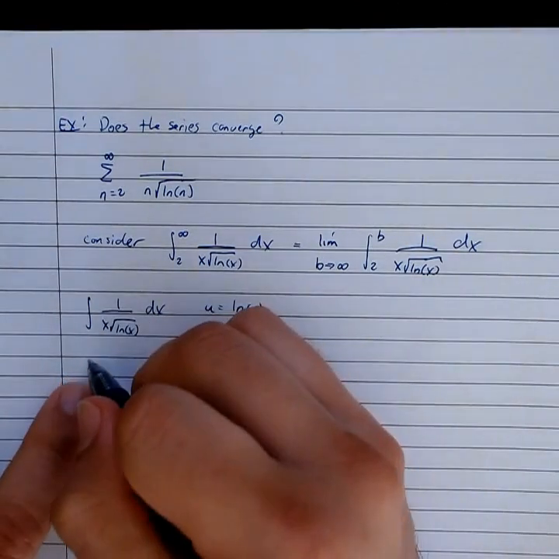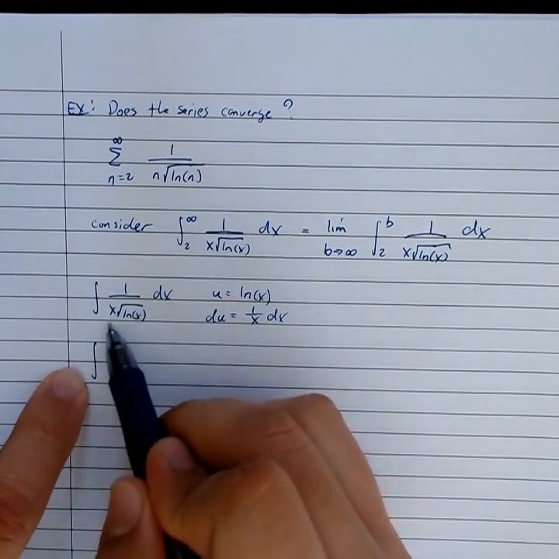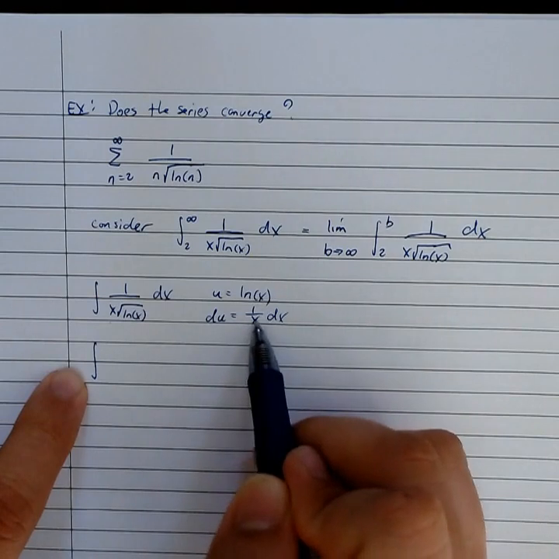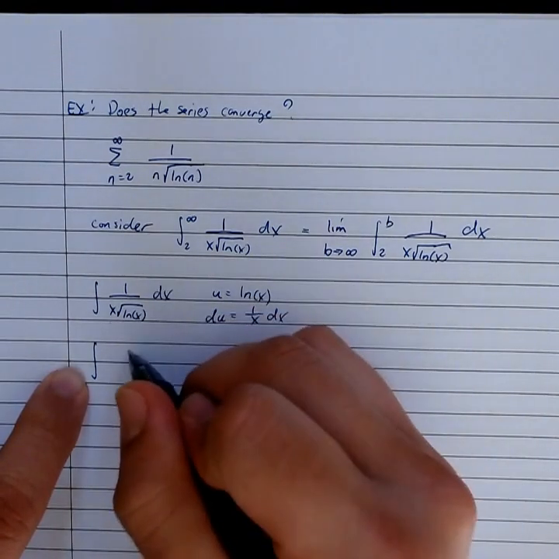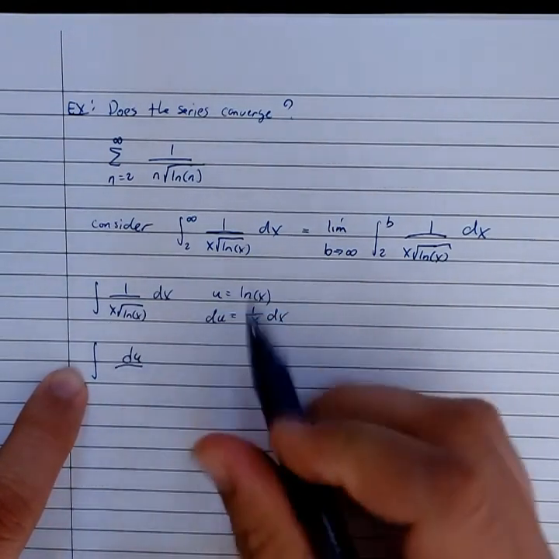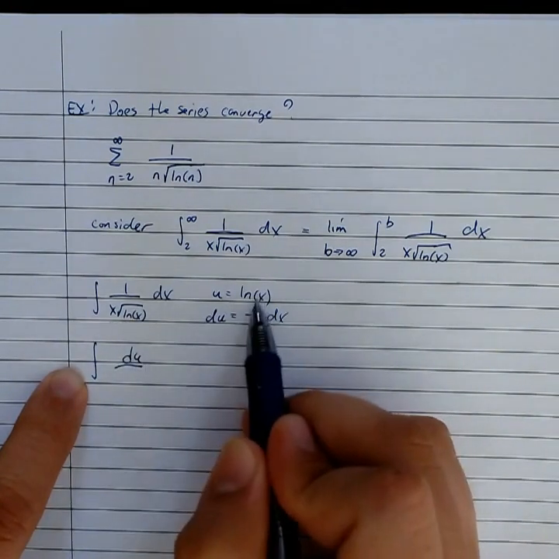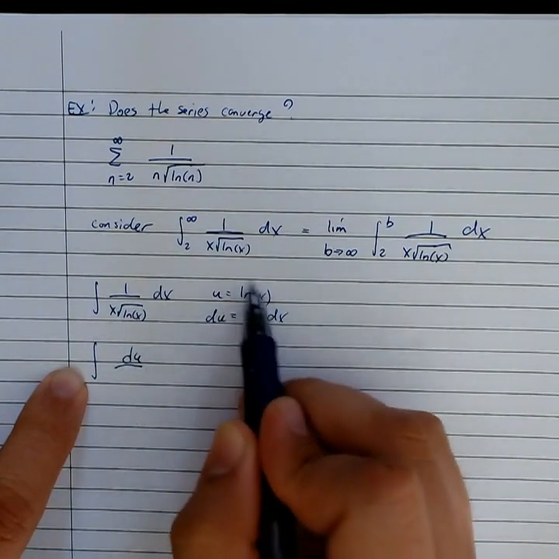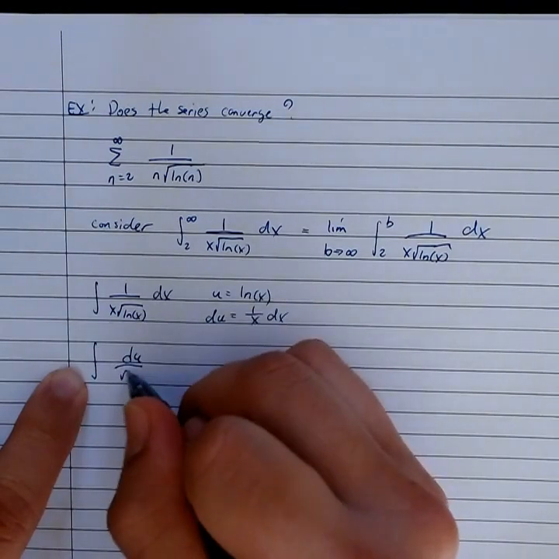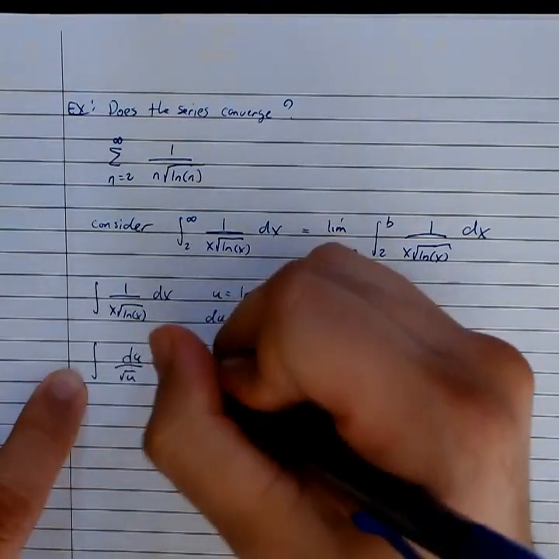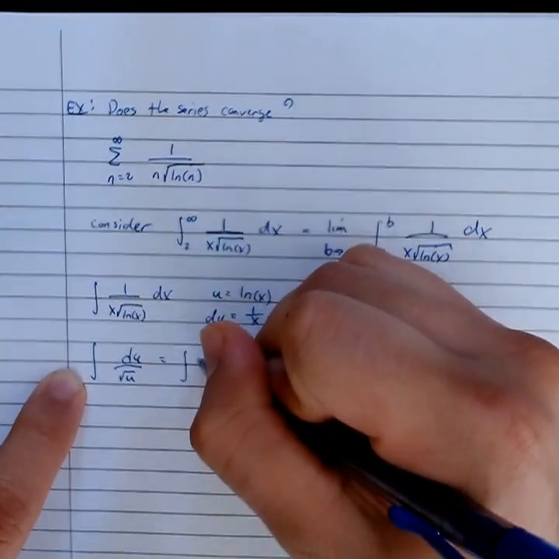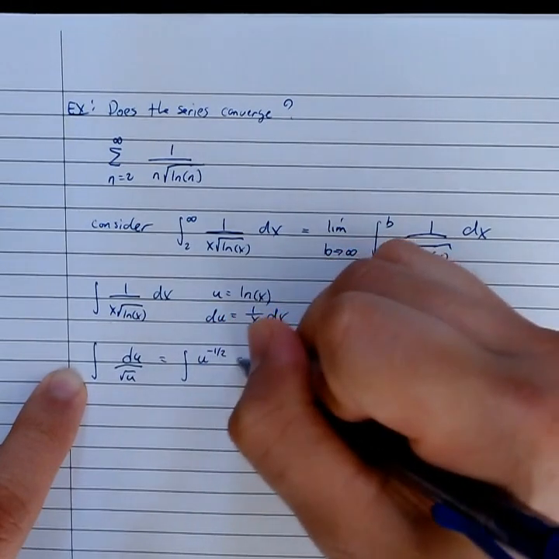So this can be written as the integral of 1 over x dx, that's just your du, over square root of the natural log of x. Well, that's a square root with this inside, so it's the square root of u. We can write that as the integral of u to the minus 1/2 du.